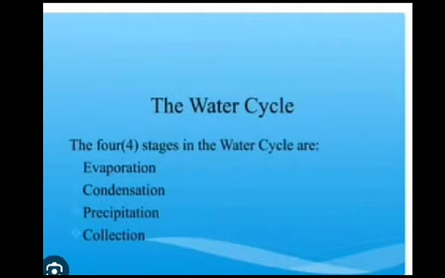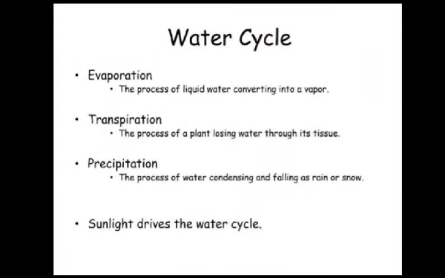Then the process of condensation takes place, which includes the conversion of water vapor back to water due to cooling, which leads to precipitation in the form of rain or snow. The process repeats again and again. This never-ending movement of water is called the water cycle.